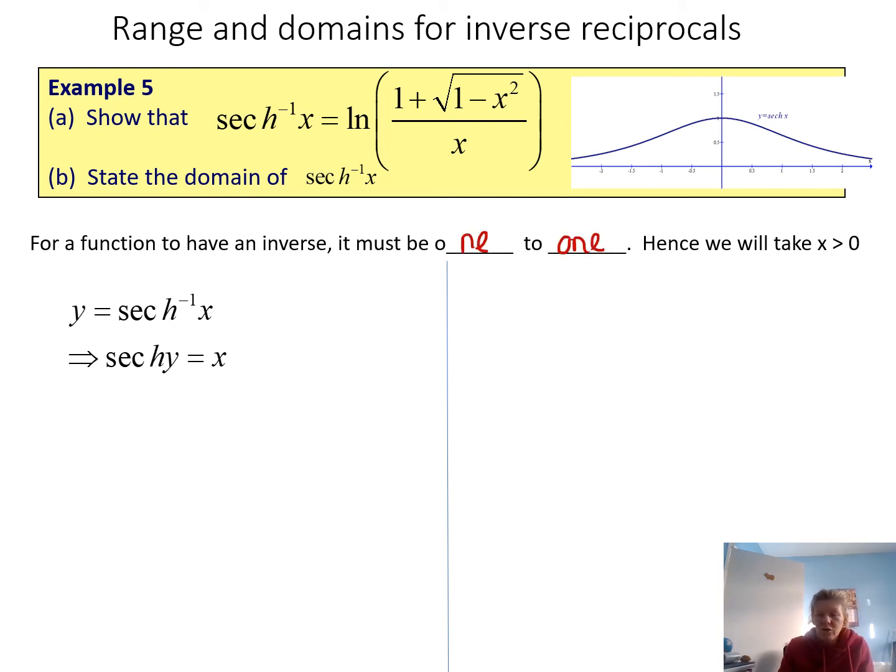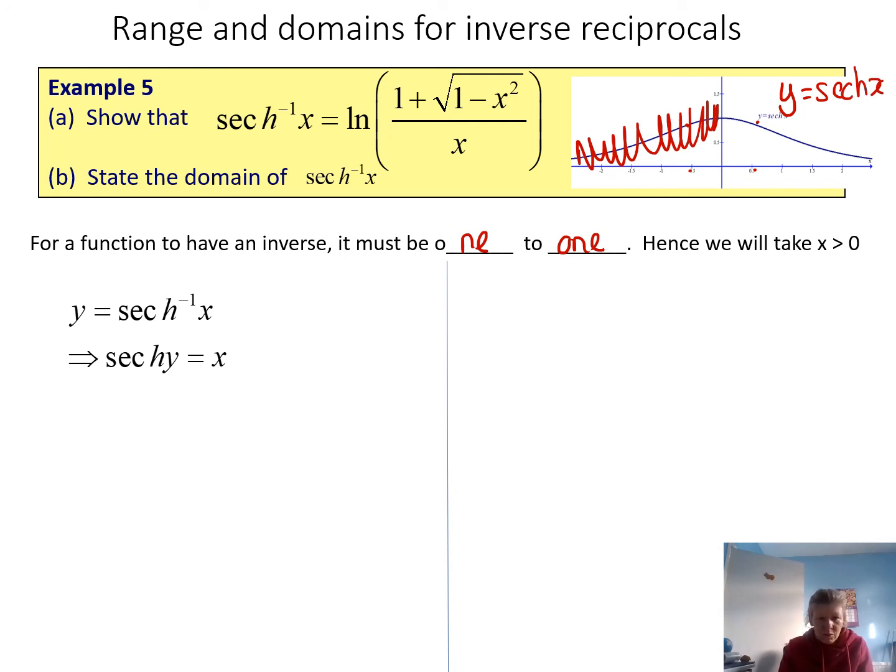But clearly this isn't 1 to 1, because we've got two values of x giving the same value of y. So we have to ignore part of the graph in order for this to work. So we're going to take x to be greater than 0, and just find the inverse for that part.